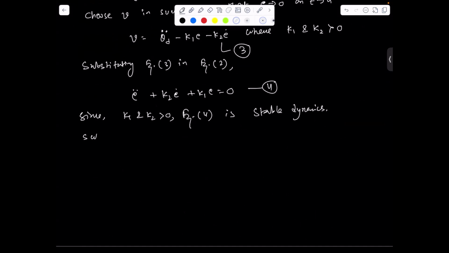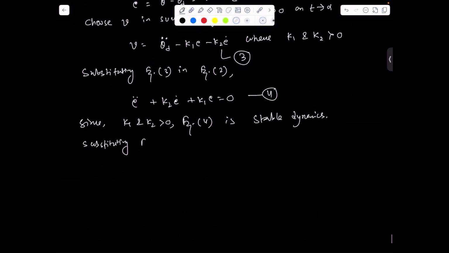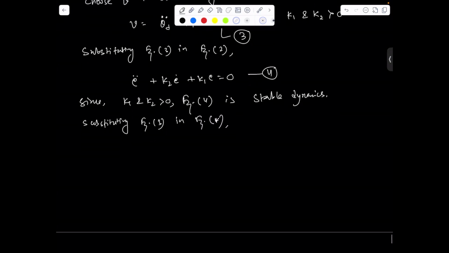Now substituting equation 3 in equation star, we can write the final nonlinear control. We can write delta e as theta d double dot minus k1 e minus k2 e dot plus 2 alpha plus q.